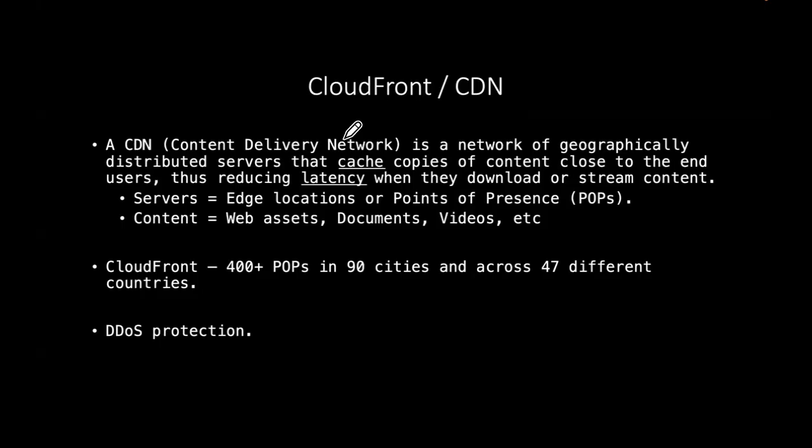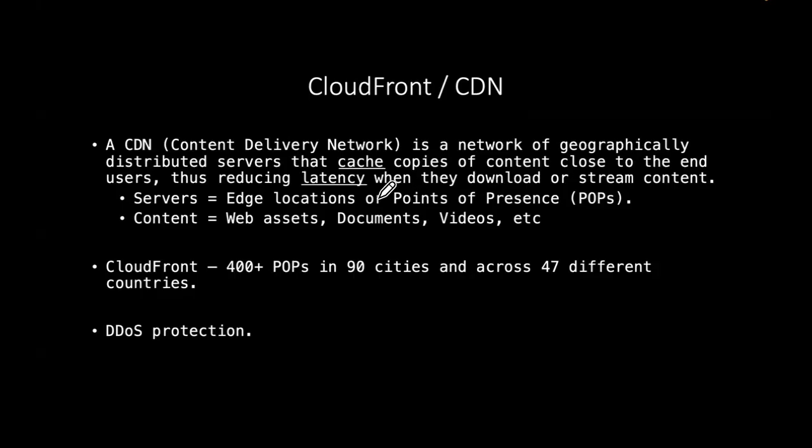And these servers are going to be geographically closer to your users. Hence, the latency is reduced or the response time is increased. These networks of caching servers are referred to as edge location servers. They're also referred to as points of presence or POPs.